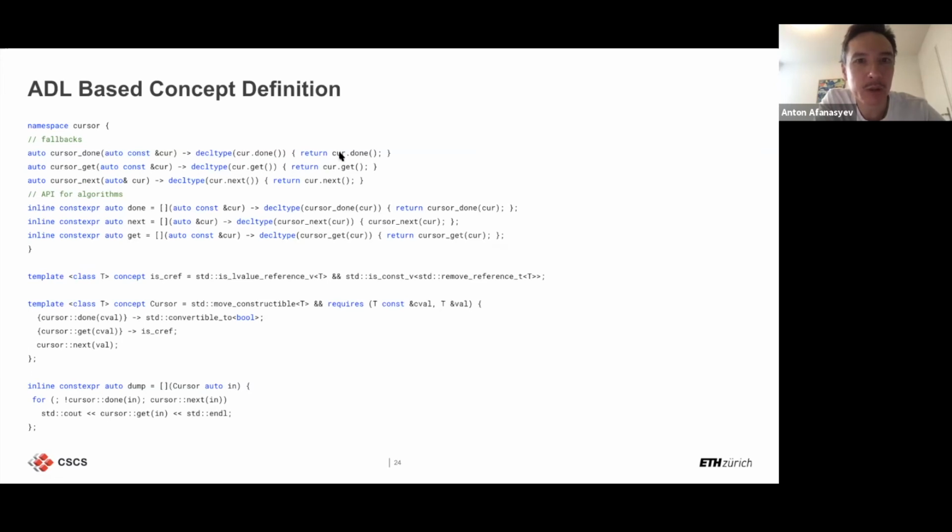This means that if we try to instantiate this cursor done template with something that doesn't have method done, we will fail, and this failure is not an error, because SFINAE stands for substitution failure is not an error.